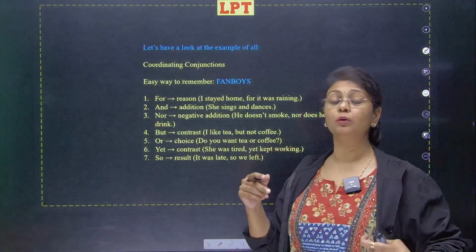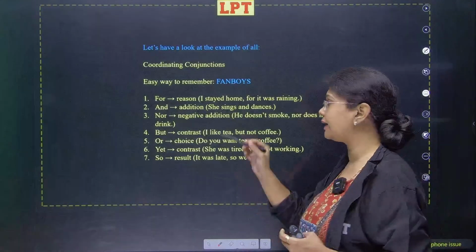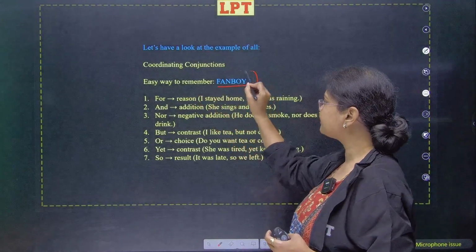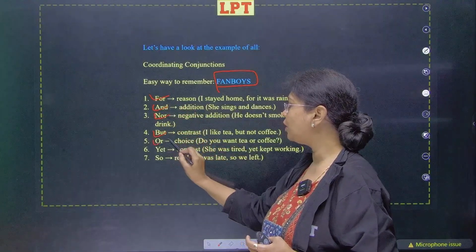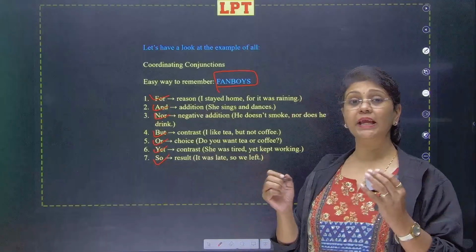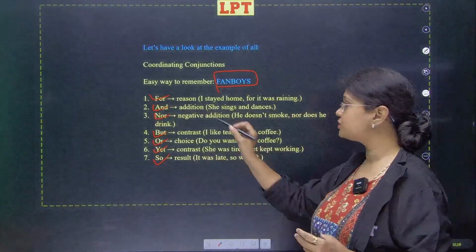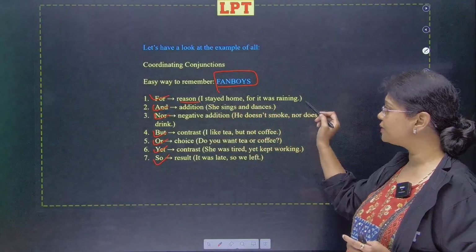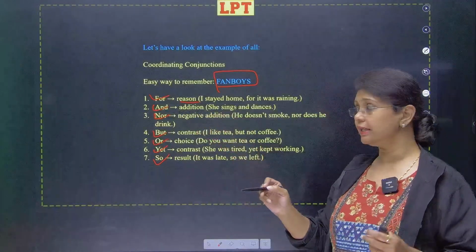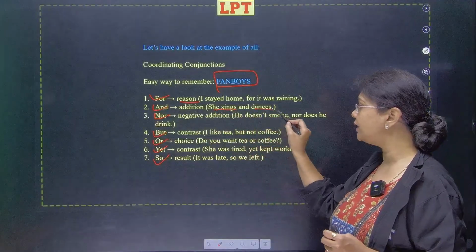So when you talk about coordinating conjunctions, the first category, an easy way to remember is FANBOYS. So you have for, and, nor, but, or, yet, and so. Now they indicate something very particular. So for shows reason. For example, I stayed home for it was raining. And shows addition. So you say she sings and dances.